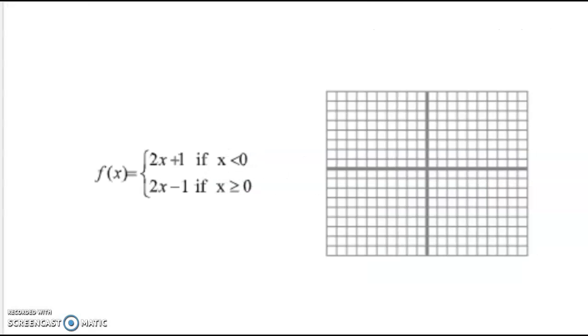On this next one, I just have two functions I'm graphing. The first one is 2x plus 1, so that should be a line where you're starting at 1, and you have a slope of up 2 over 1, going in both directions. Please use a ruler when you are doing this on your paper.